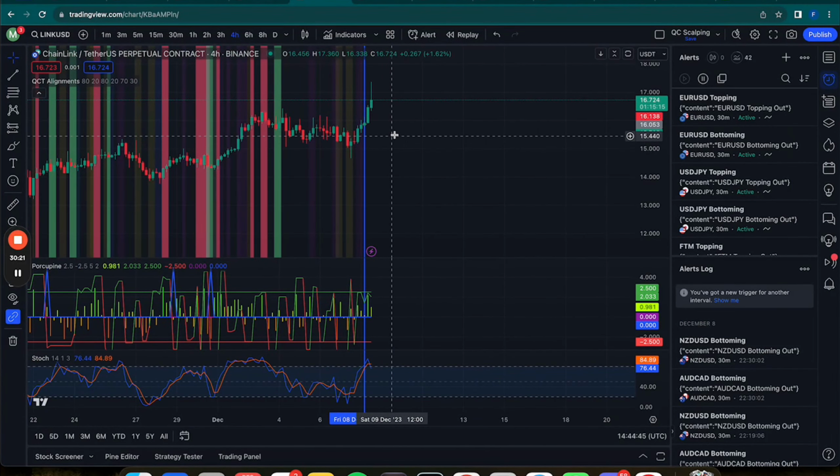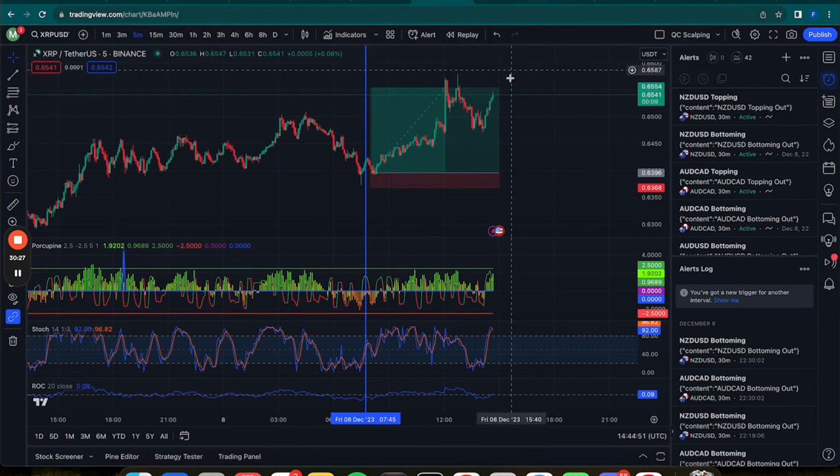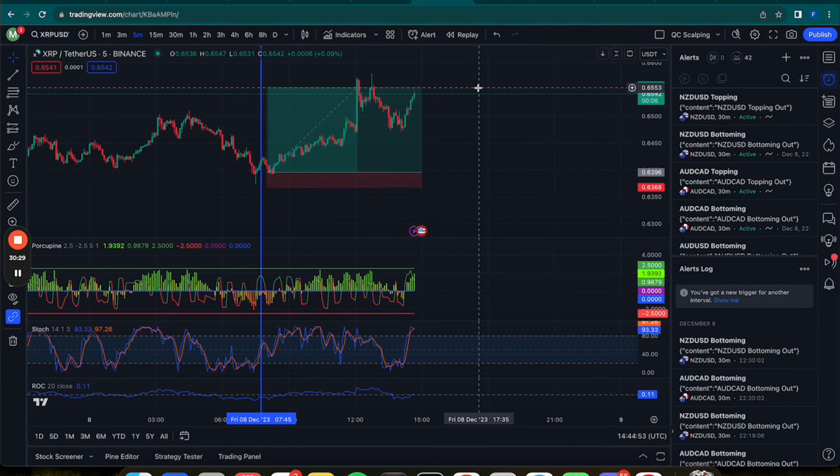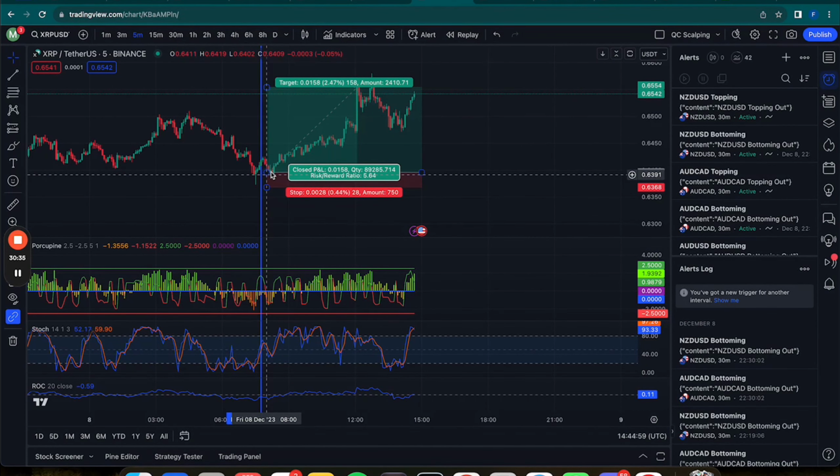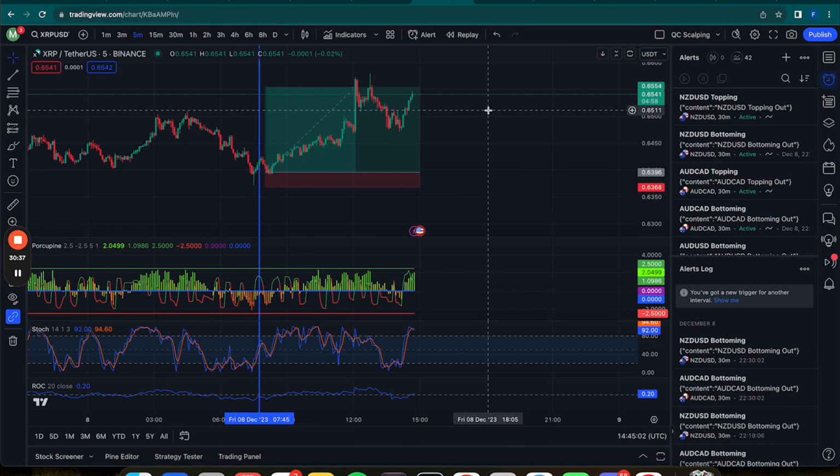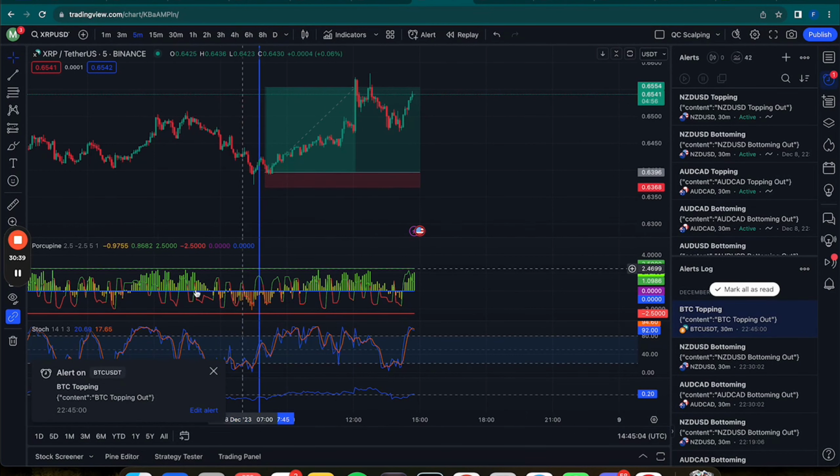What we want here is to be positioned in a long, like I am on XRP right now, and then we can take profits, we can exit, but we are in a long, and this one happened a couple hours ago. That's something important to see.